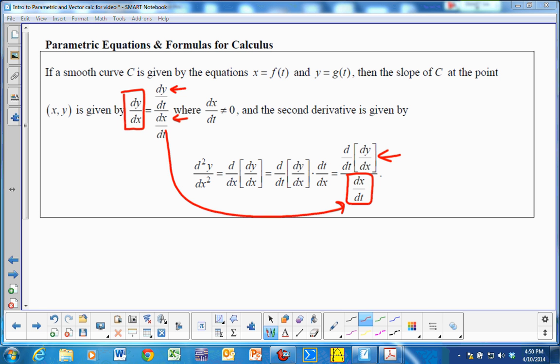If you do the third derivative, you take whatever answer you get, simplify it, take its derivative, and divide it by, again, dx dt. There's always just that dx dt that you divide by in the end. You always take the derivative of the previous equation and then divide it by dx dt, no matter how many times you keep going.